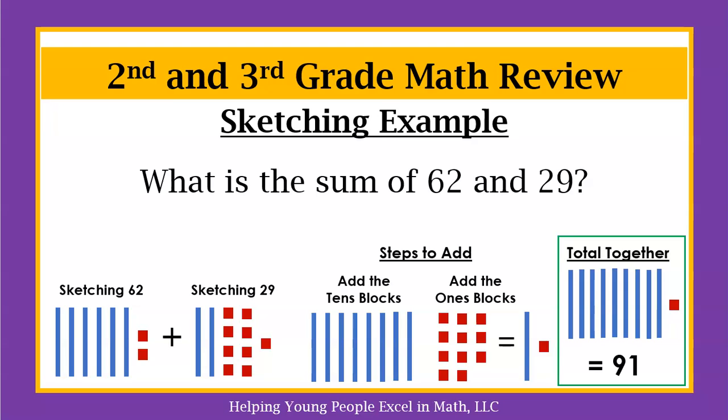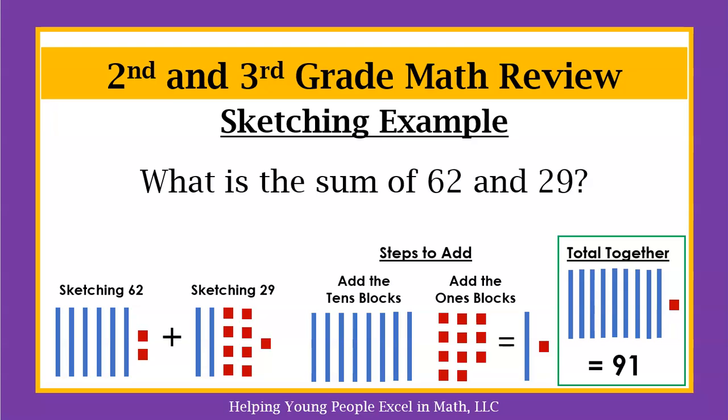Now let's add our ones blocks. We have 2 for the number 62 plus we have 9 for 29. When we add those all together, we have 11 ones blocks. Now, since we have 11 ones blocks, that means in the 11, we need to separate it into 10 plus 1.